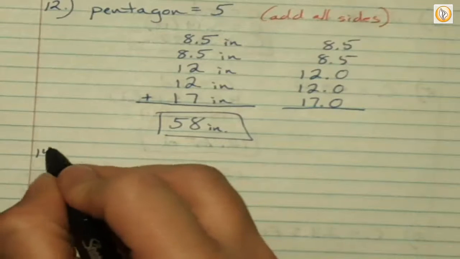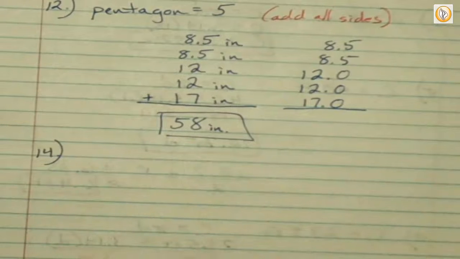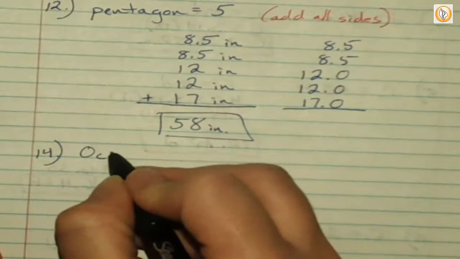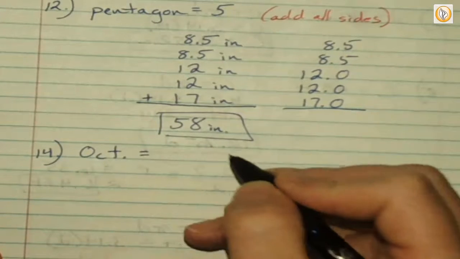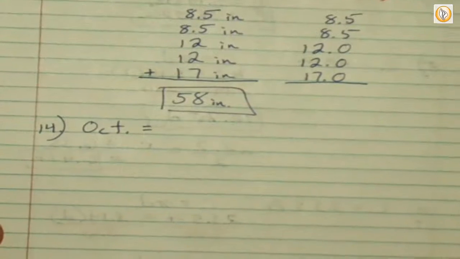All right, how about 14? 14 says a regular octagon. That means all sides are equal. So Cecilia, how many sides is an octagon? Again, y'all need to know this for the test. So again, IXL, I have one on there that can help you with that.